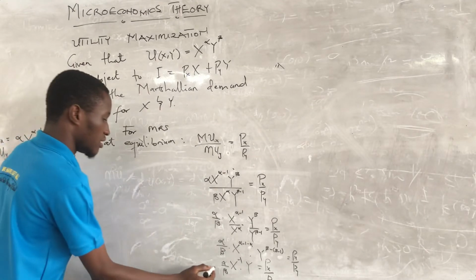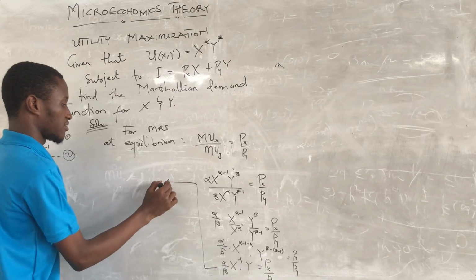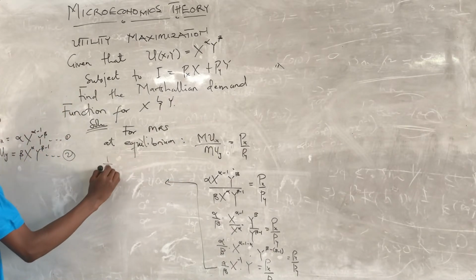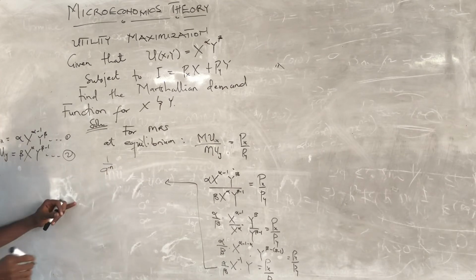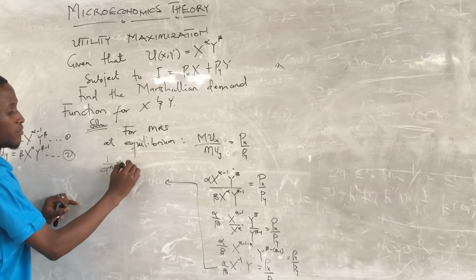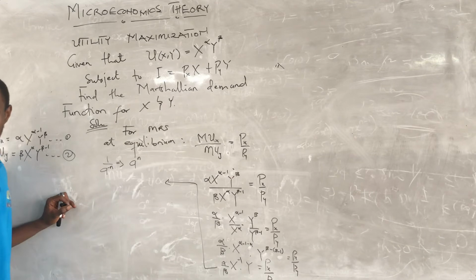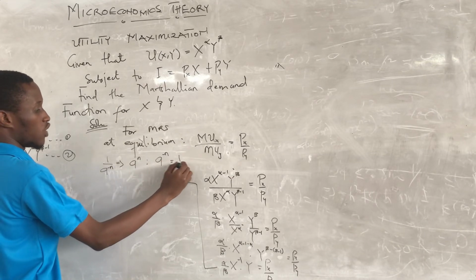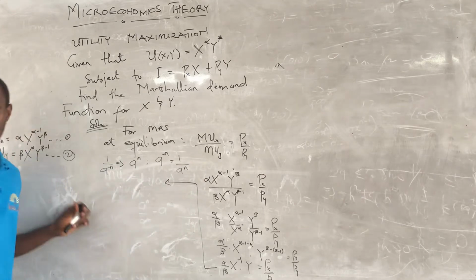The same indices. When I have 1 over a exponent negative n, it is the same as a exponent n. Similarly, when I have a exponent negative n, it is the same as 1 over a exponent n.